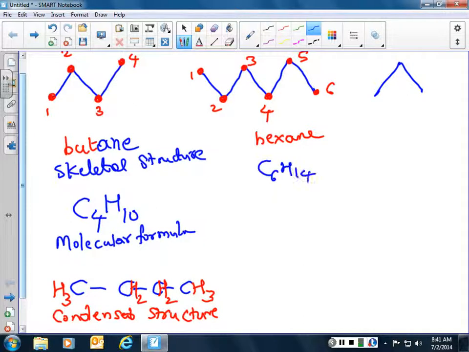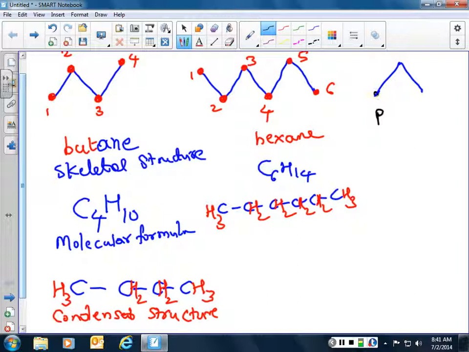C6H14. 6 carbon. 3, 4, 5, 6. You could write 3 carbon. 1, 2, 3. Propane.